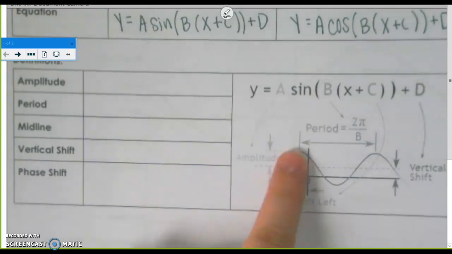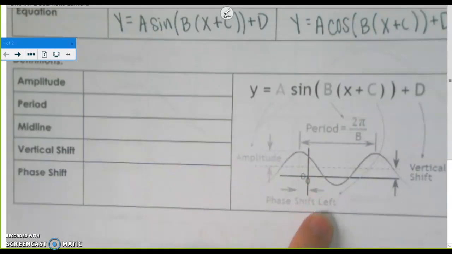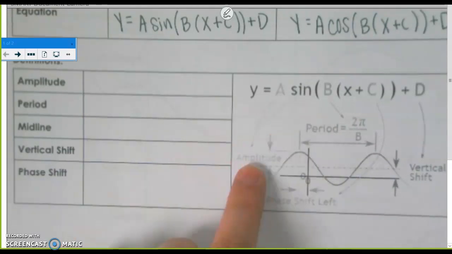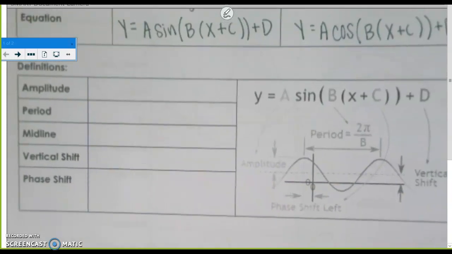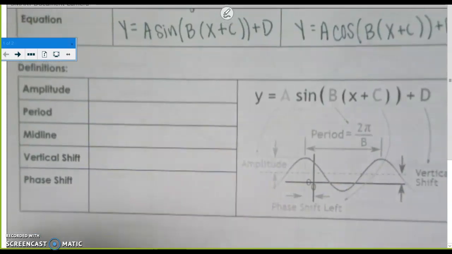This is just a little picture that points out what all the letters mean, and we're going to draw on the graph where we're seeing that. So A is the amplitude.